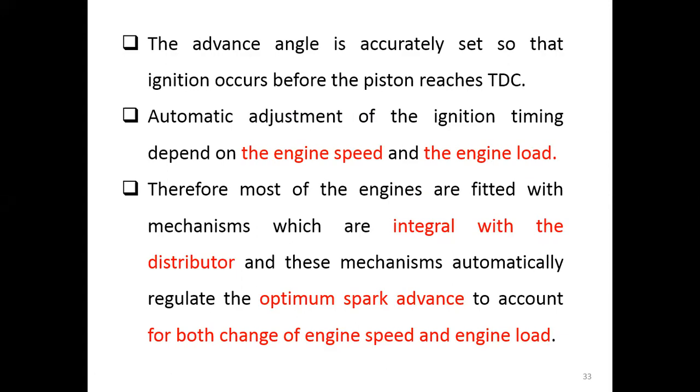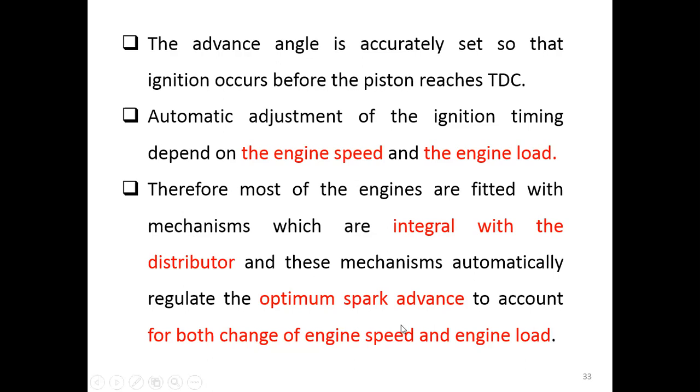We have the pressure and the engine speed that will be used to determine what the advance in degrees should be for ignition to happen. Most engines are fitted with a mechanism integral with the distributor, in order to adjust the ignition timing according to the engine speed and engine load.